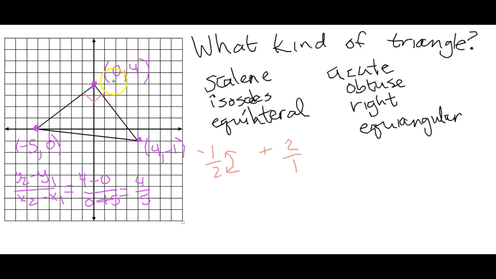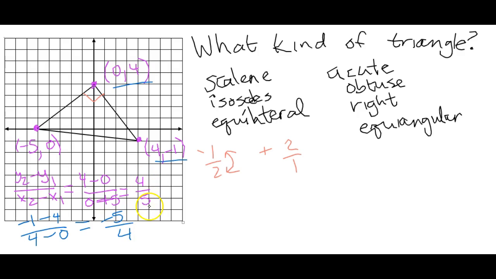Now we're going to check the slope from 0, 4 to 4, -1. Same formula: y-coordinate of the second point is -1, minus y-coordinate of the first point, 4, over x-coordinate of the second point, 4, minus x-coordinate of the first point, 0. -1 minus 4 is -5, 4 minus 0 is 4.